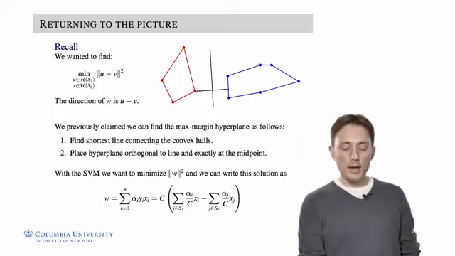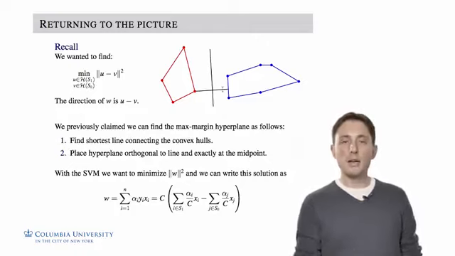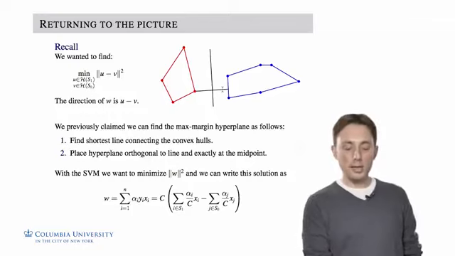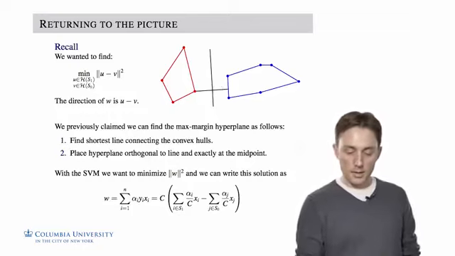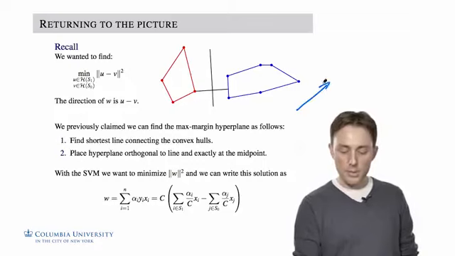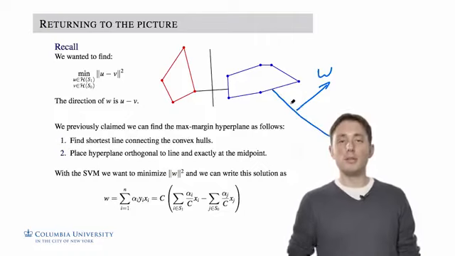If we want to find a hyperplane that has this decision boundary, then we know that the classifier, the vector w, is perpendicular. So any vector w, say if this is my w, then this defines a separating hyperplane that's perpendicular to that vector w.